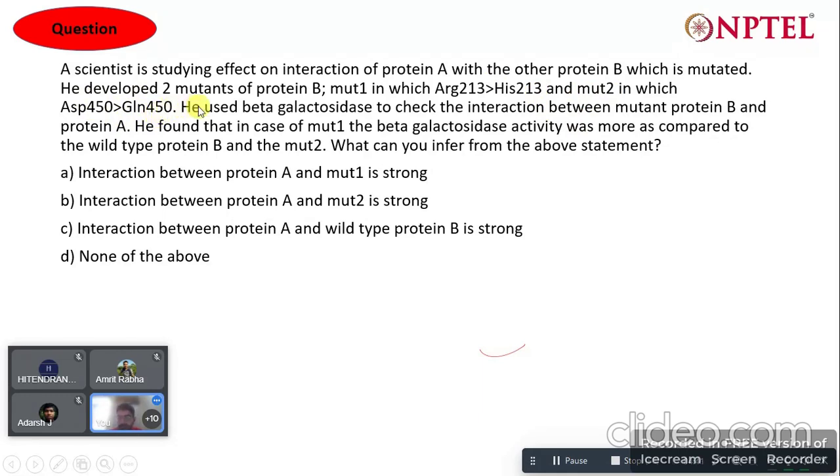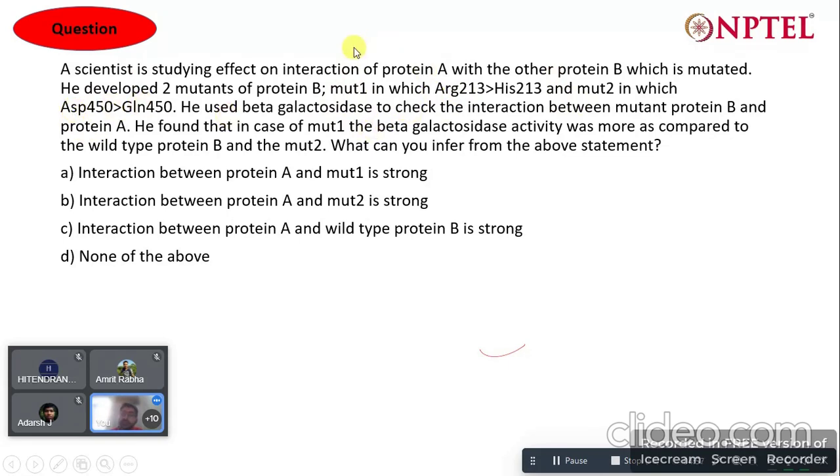Okay, so here the scientist is basically checking the interaction of protein A with mutant protein B, and he has generated two mutants. One is the arginine mutant and another is the aspartate mutant.